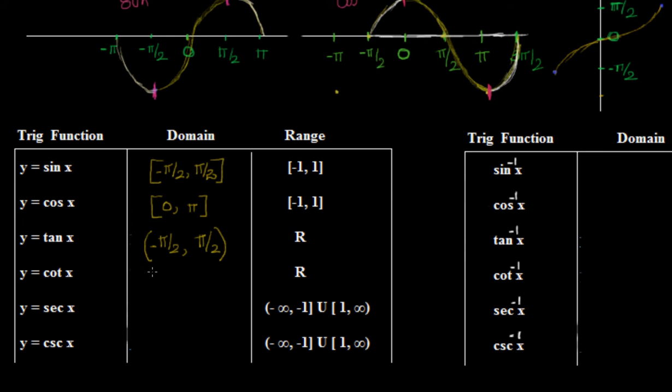Similarly, for cot, you can see that cot is cos by sine. Whenever sine becomes 0, cot will be undefined. Sine becomes 0 whenever it is n pi, 0 or pi here. So excluding 0 and pi, all the values are the domain of cot. Similarly, for secant, secant is 1 by cos.